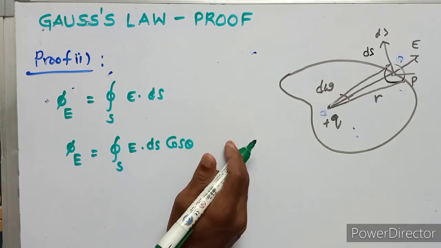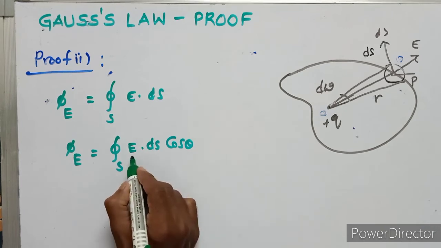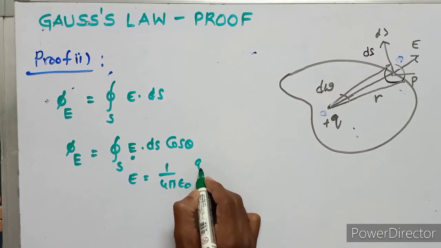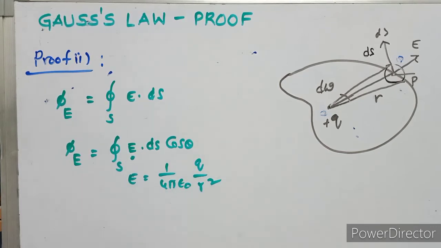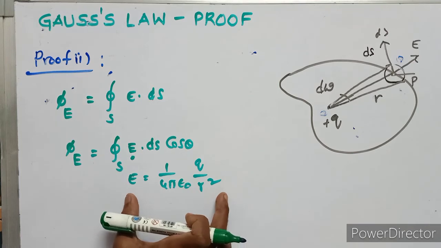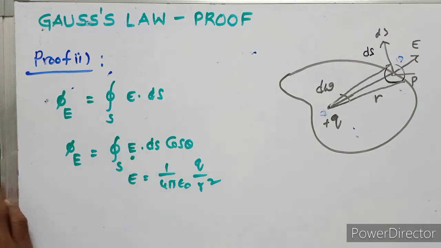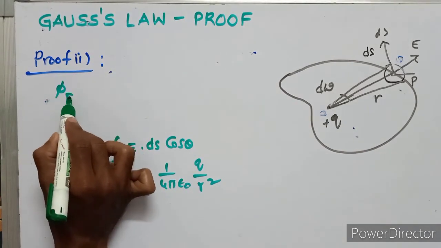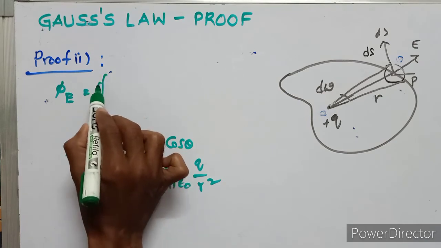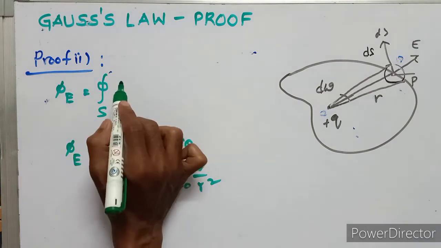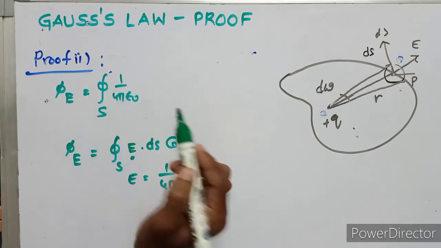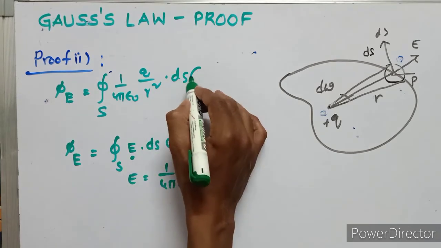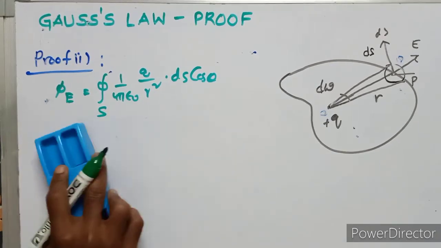This is a scalar product. But the electric field is equal to 1 upon 4 pi epsilon naught times q upon r square. This is substituted in the equation, so phi suffix e is equal to the closed surface integral of 1 upon 4 pi epsilon naught, q upon r square, times ds cos theta.